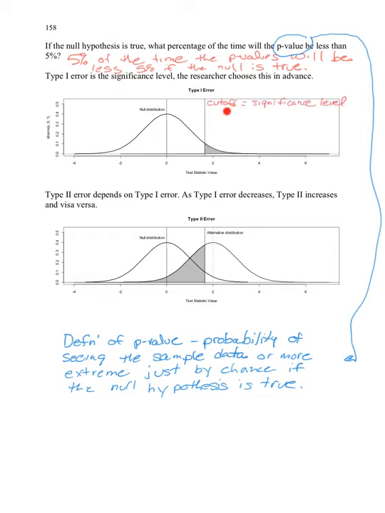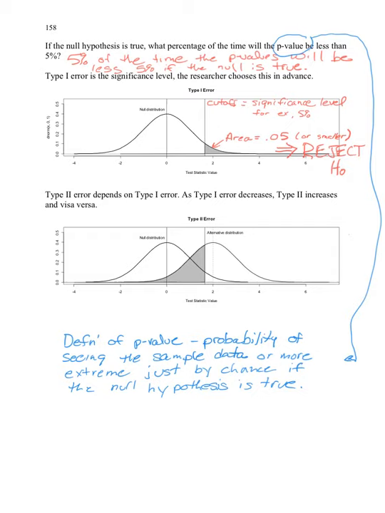So our cutoff point between keeping the null hypothesis and rejecting it is our significance level. For example, 5%. And anytime there's an area of 0.05 or a p-value of 0.05 or smaller, we are going to reject the null hypothesis.